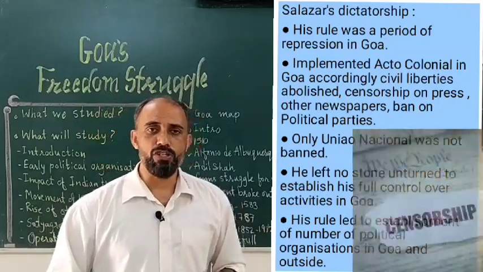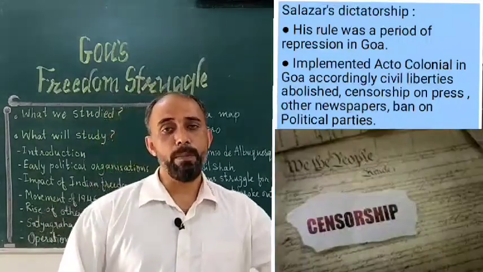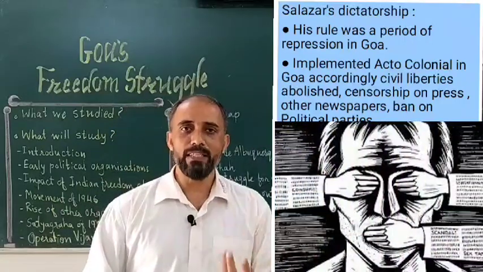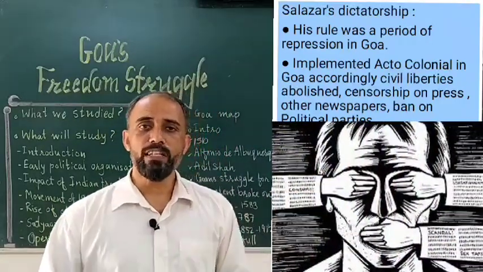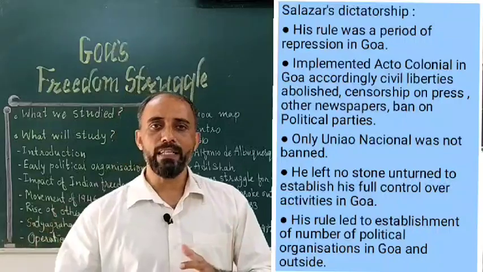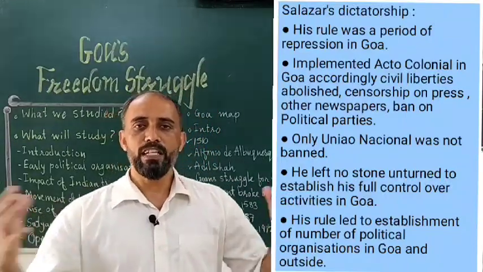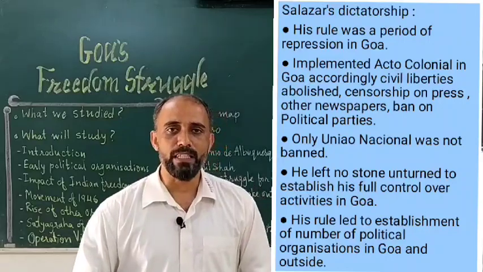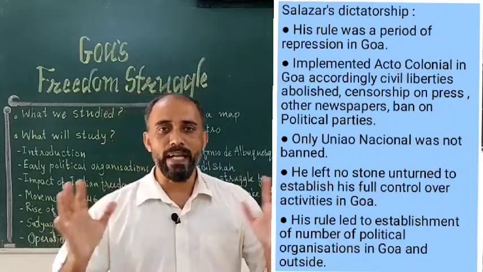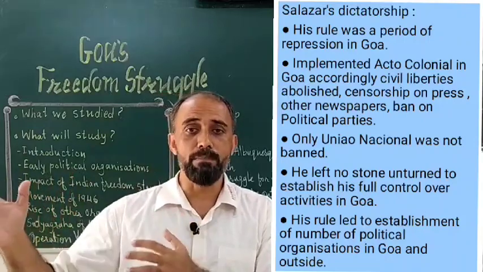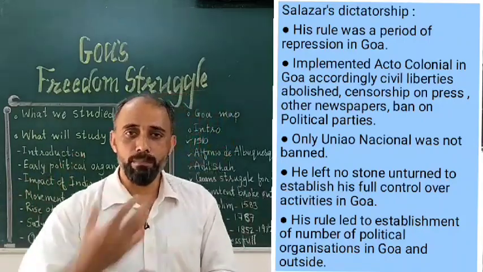Secondly, there was censorship on the press and on newspapers coming from outside. What is censorship? Today also there is a censor board in India. What does this censorship do? For any newspaper, social media, films, movies, if the content violates the sentiments of the common masses, then this is the board which keeps a check and monitors.